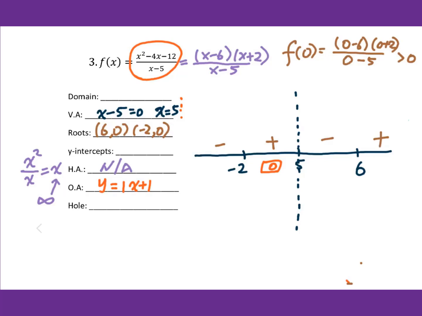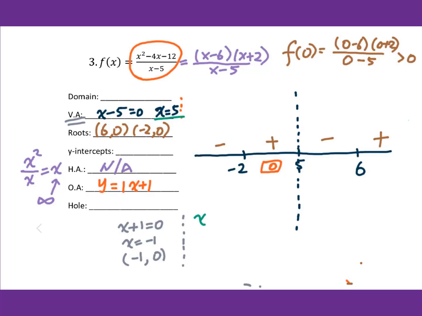This is positive. For the oblique asymptote line, you always need to figure out 2 points. First of all, the oblique asymptote line passes through the x-axis. So you will set up x plus 1 equal to 0, x equal to -1. We got -1, 0. Another point, the oblique asymptote line passes through the vertical asymptote line.